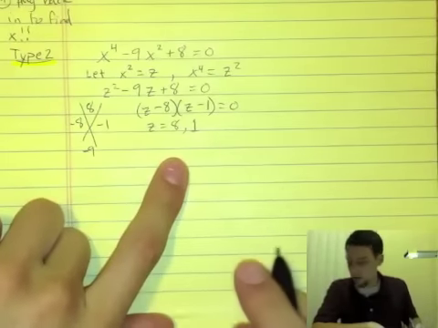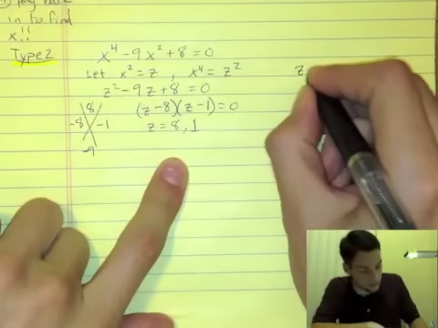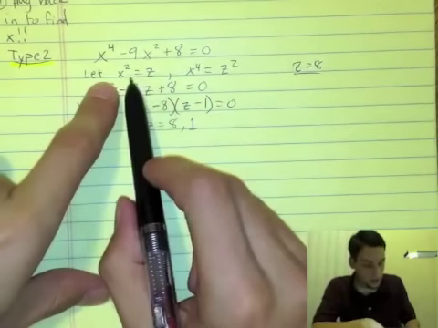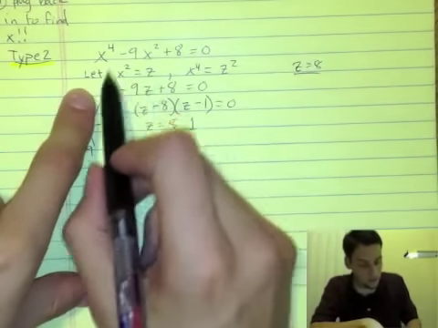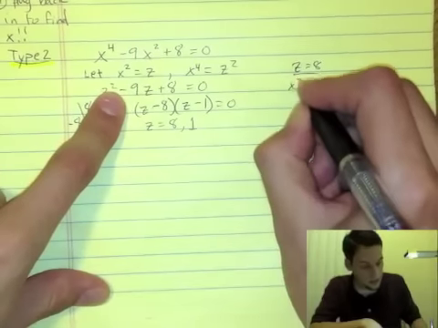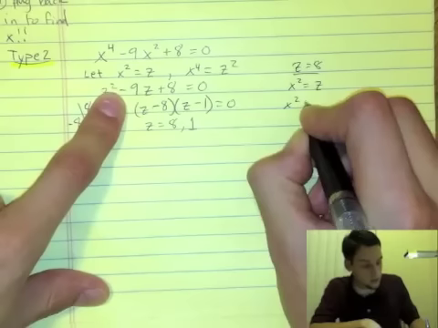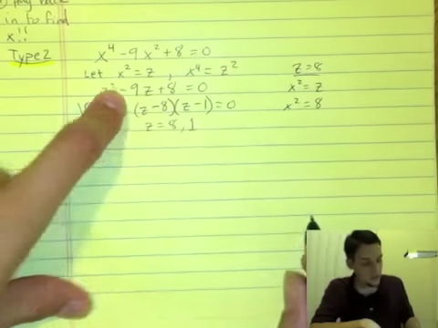So we still have to find x. So when z equals 8, what does x equal? Well, I'm going to use this equation now. x squared equals z. So I don't know what x squared is, but I do know what z is. z is 8.